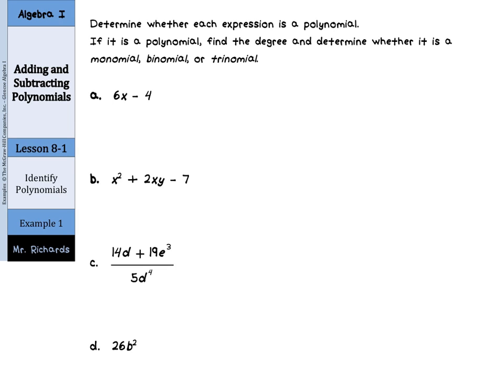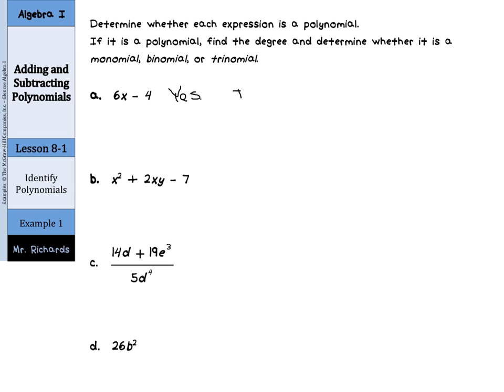Now, our first example has us determine whether each expression is a polynomial. If it is, find the degree and determine whether it is a monomial, binomial, or trinomial. Well, 6x minus 4. Well, this is, yes, a polynomial. And the reason?